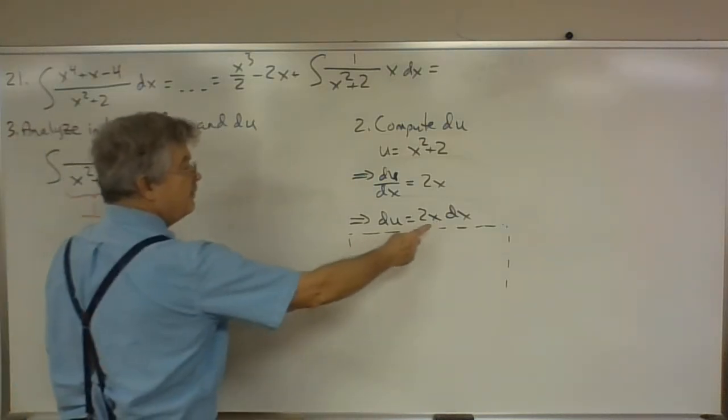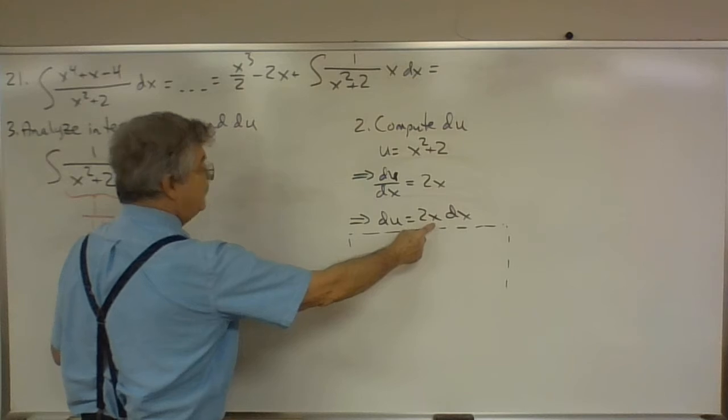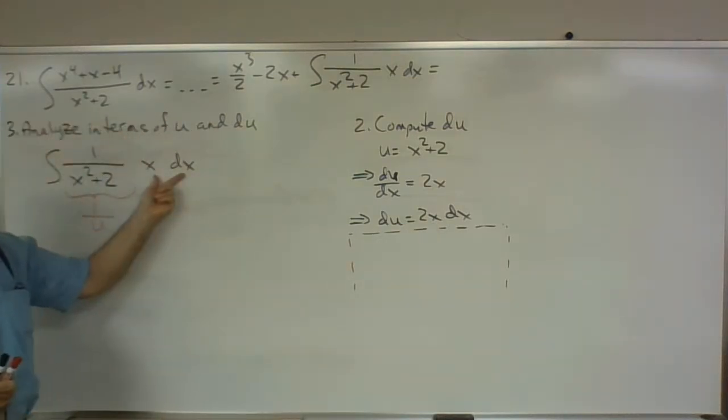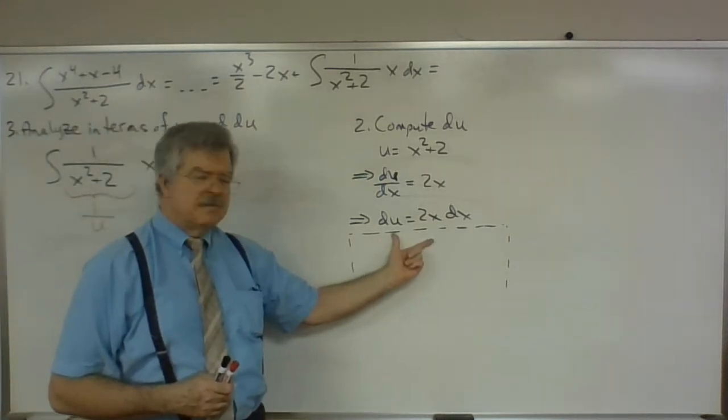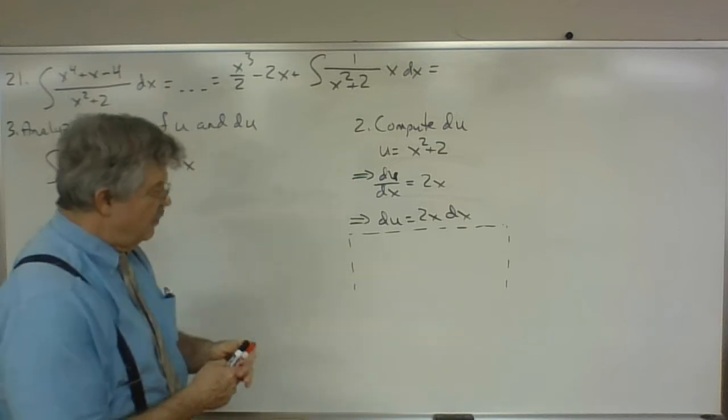So in order to make the right-hand side of this equation look like x dx, I'm going to have to take both sides of this equation and multiply by 1/2.